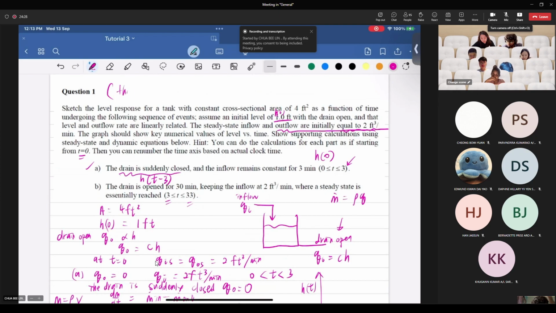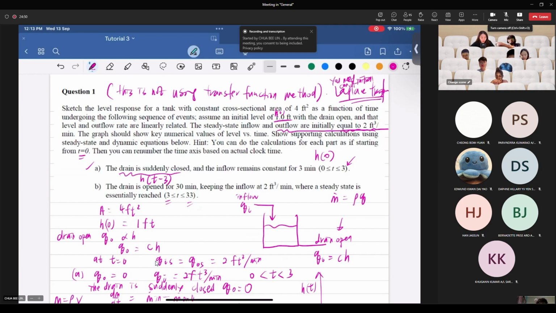So this is not using the transfer function method. It is using the Laplace transform, where you need initial conditions to solve this question. It is not transfer function. Transfer function means you are going to use the unsteady state balance minus steady state balance. That one is the transfer function method, but this is not.